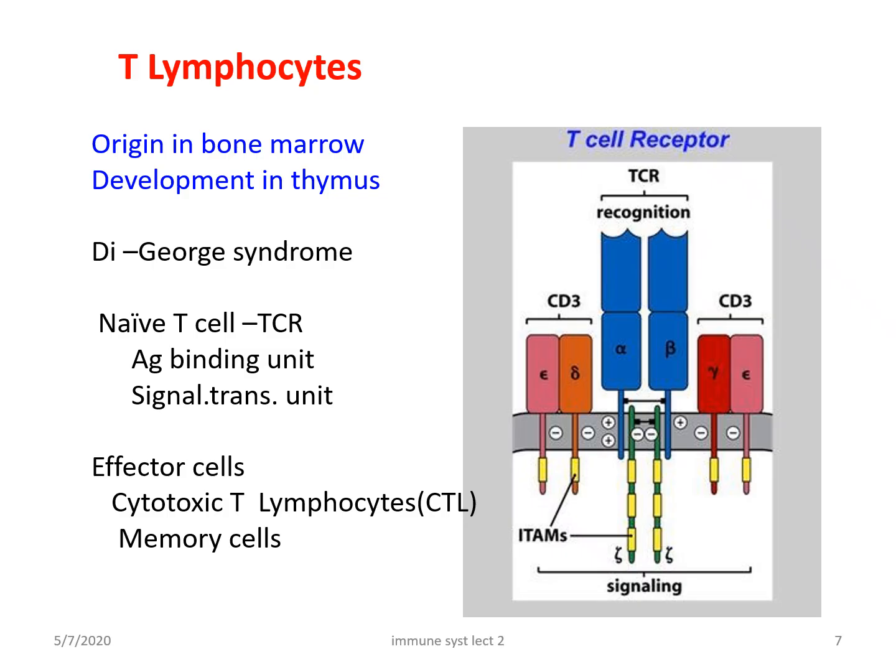So, like the B cell, the T cell, after coming in contact with the antigen, the antigen is bound by the T cell receptor, and on antigen binding, T cell signal is transducted through the signaling units, and it undergoes proliferation and production of effector cells. The effector cells produced by the T cells are cytotoxic T lymphocytes and memory cells.